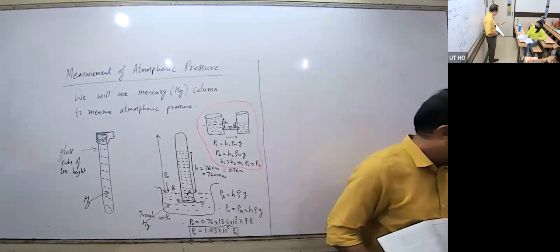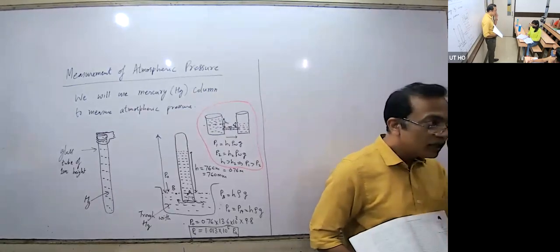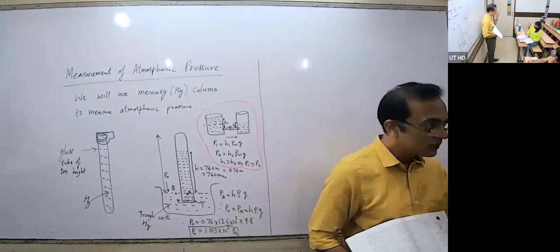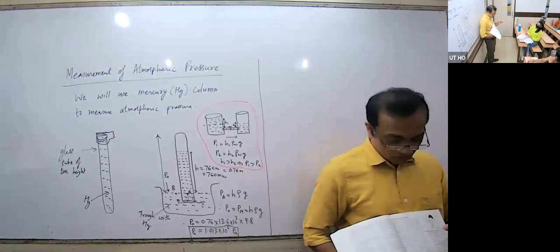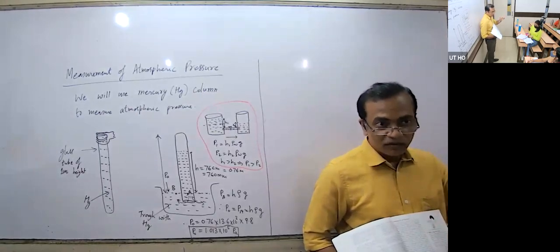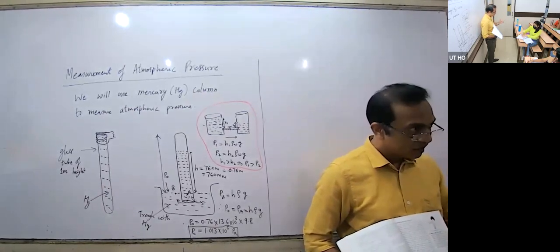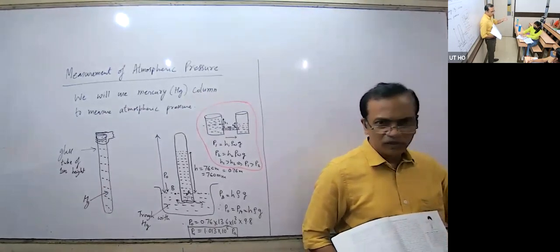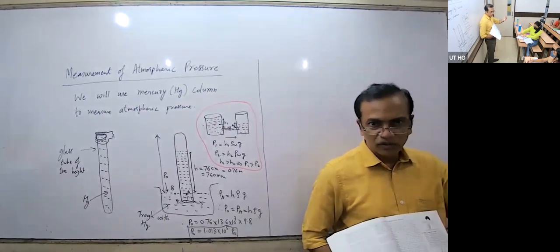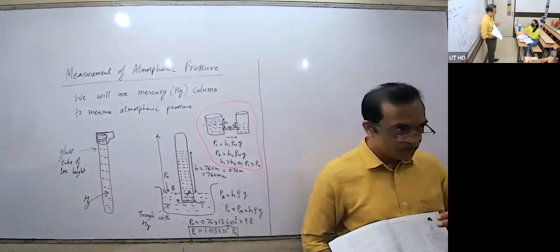Maybe the eyes and ears also. You never know. So that is why when you go to a higher altitude, you go through an exercise called acclimatization. For 2-3 days you will be put up in a base camp till your body becomes used to that low pressure.